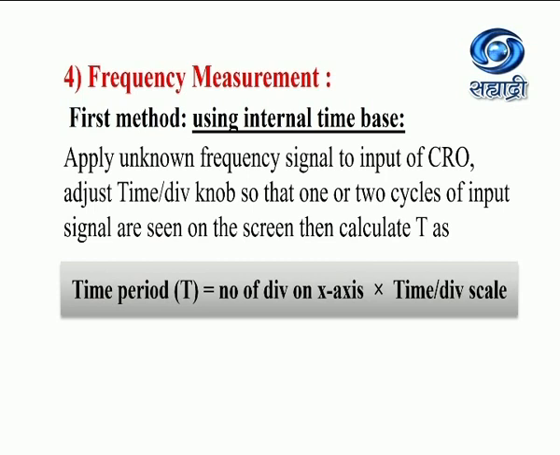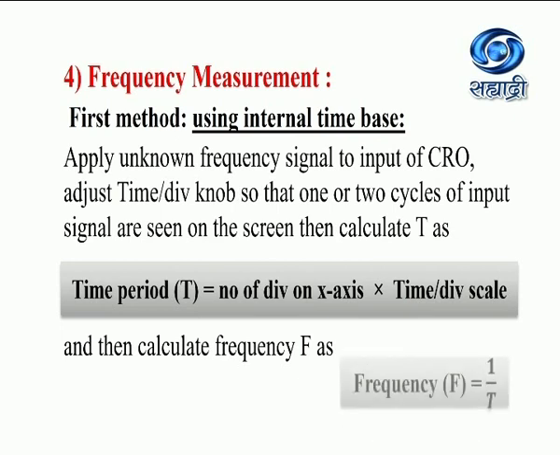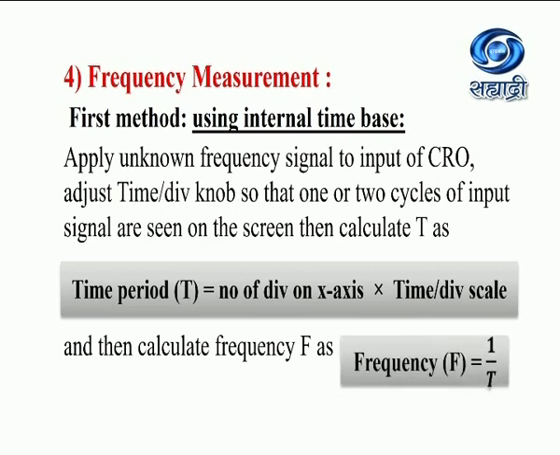Then you can calculate T as time period: count the number of divisions on x-axis multiplied by time per division scale. So you will get time period in seconds. Then by using this time period, you can calculate the frequency F as reciprocal of time period, that is F equals 1 over T, and it is measured in hertz.